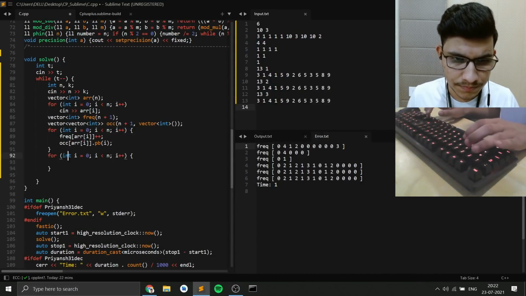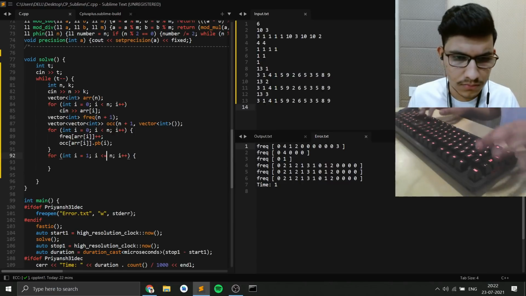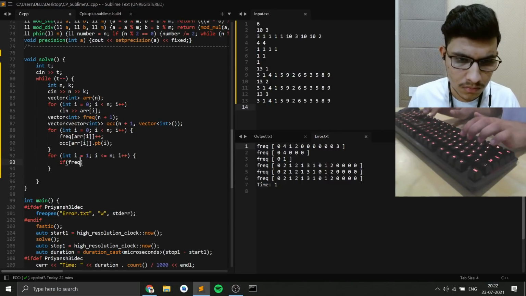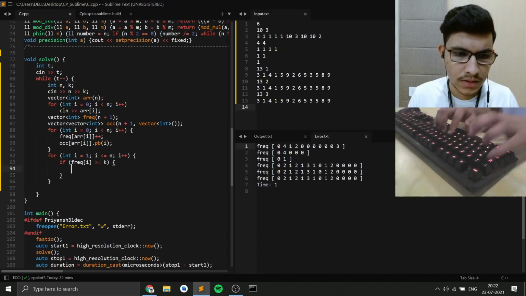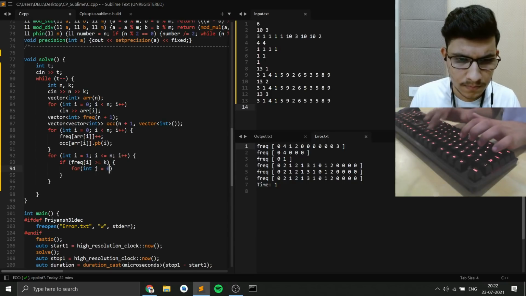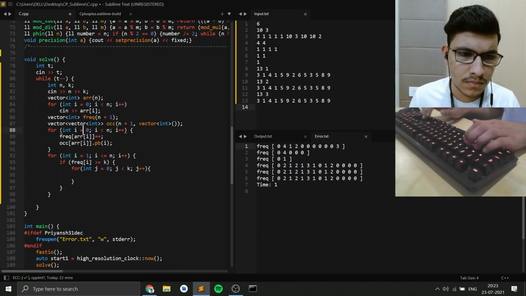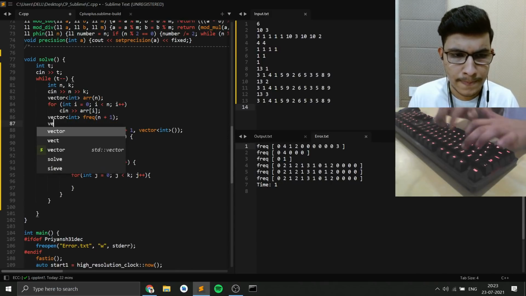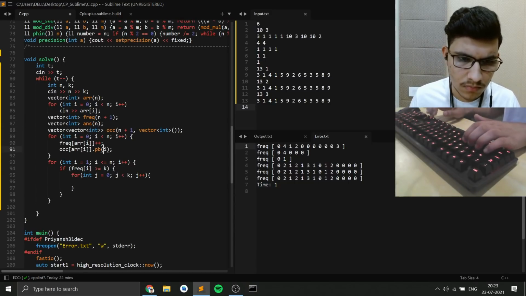So if the frequency is greater than k, then I can just color k of them.